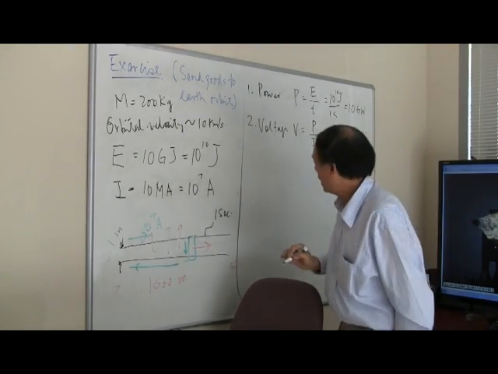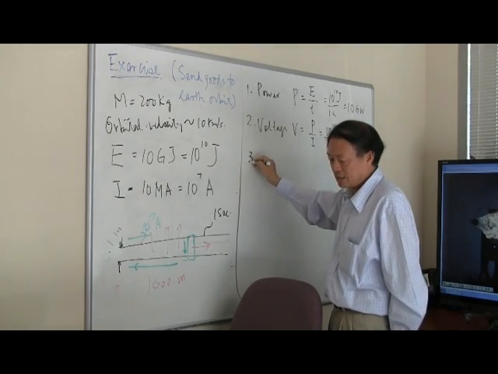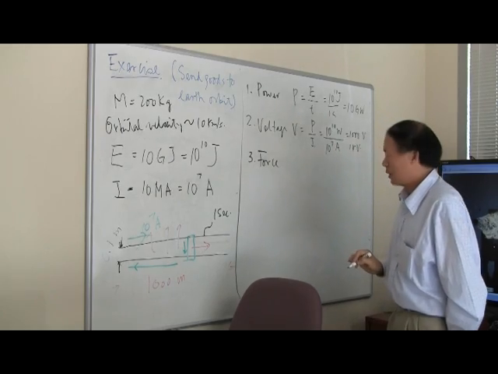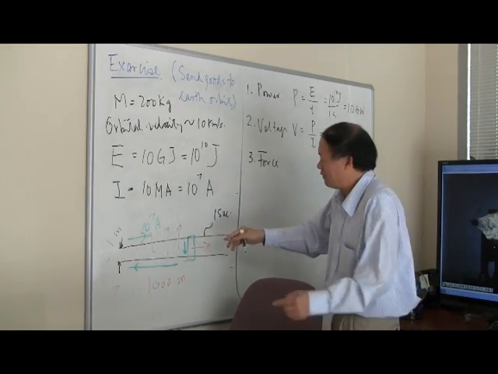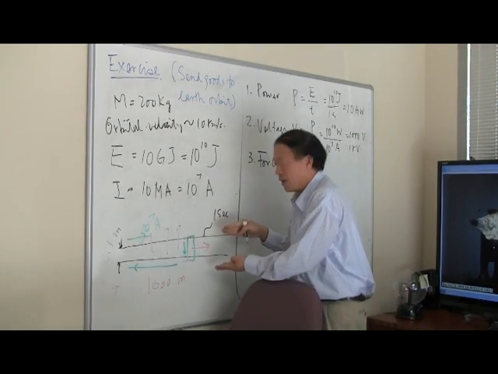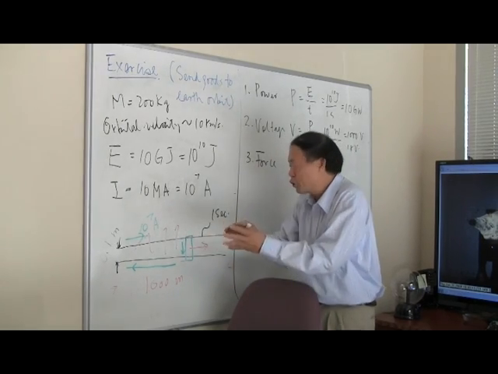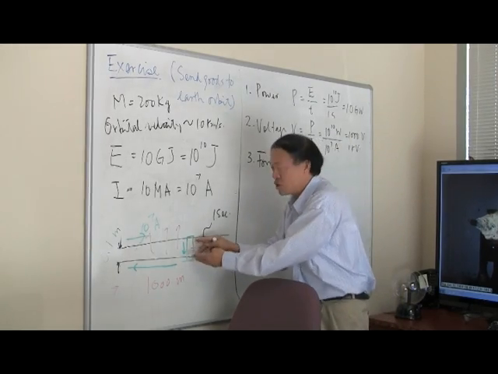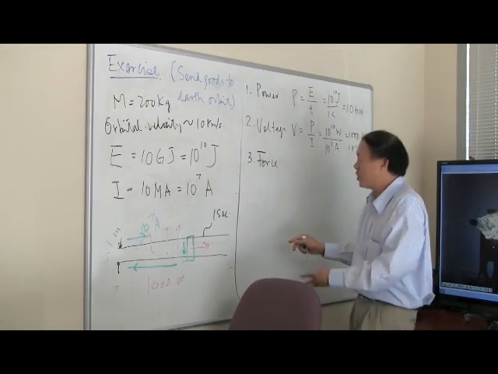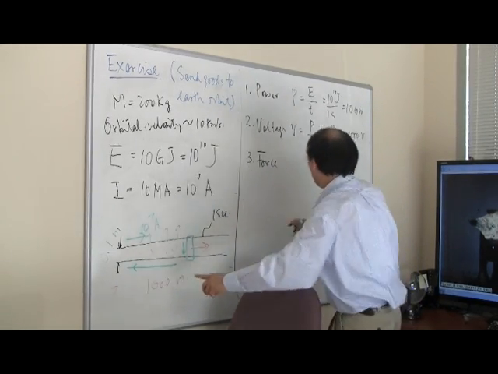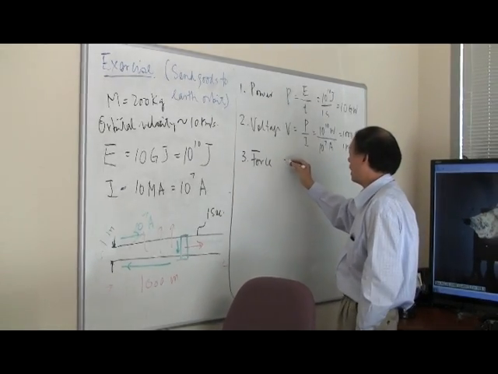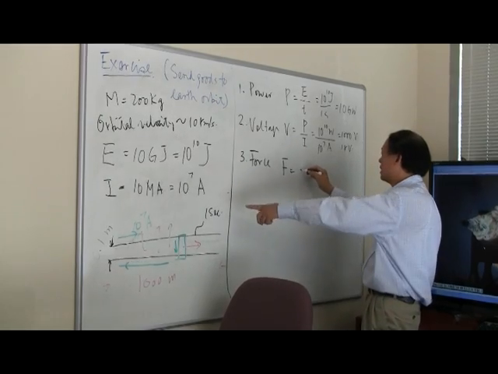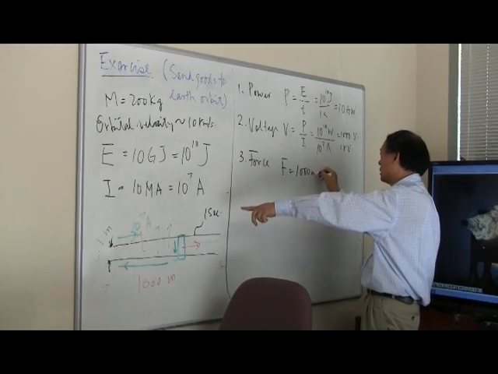The third question we want to calculate is the force. Now, we're just assuming that the force experienced by these two rails, which is pushing it apart, is entirely experienced by this slug. So if you think about the force on the two rail, as we have seen before, F would be equal to, in this case here, a length of 1000 meter.